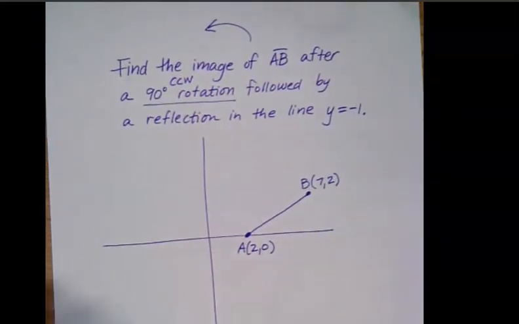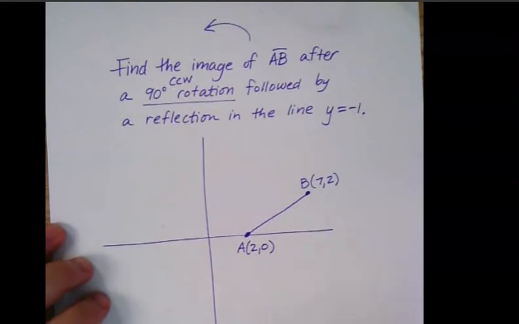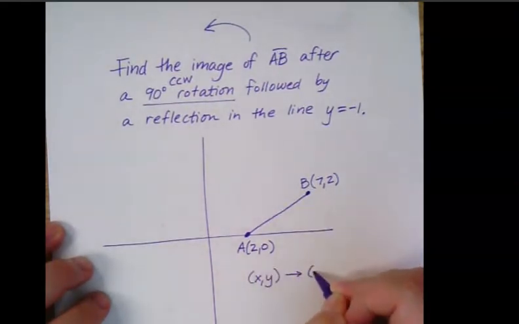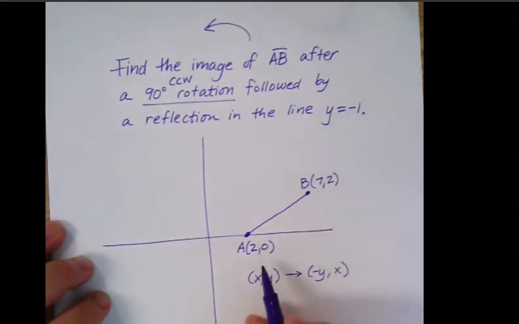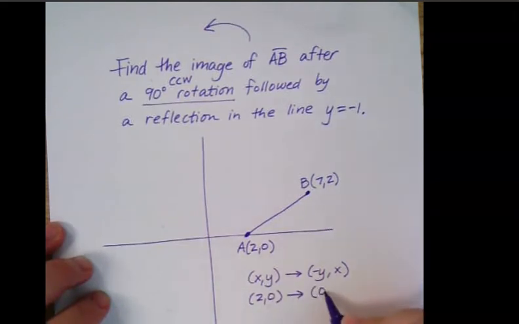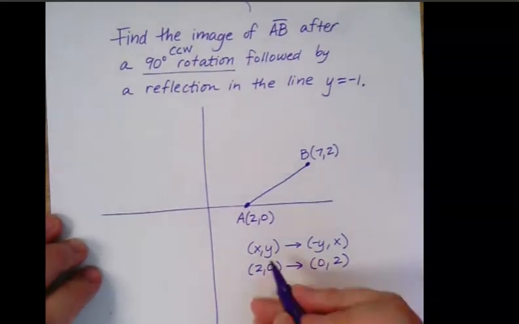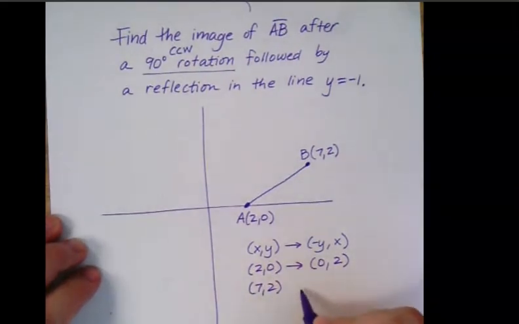Okay, so the 90-degree counterclockwise rotation rule is that I'm going to take (x, y) and it's going to become (negative y, x). So that means (2, 0) is going to become (0, 2). I can't make 0 negative, so it just stays 0. And (7, 2) is going to become (negative 2, 7).